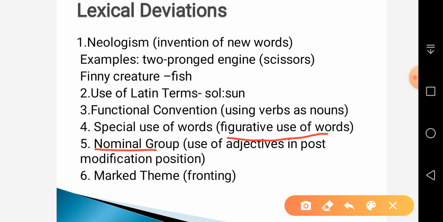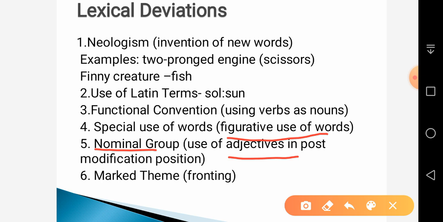Nominal group: the adjectives are placed in pre-modification position in the usual order, like we say a beautiful book or a very informative book, but poets, dramatists, playwrights, novelists may invert, they may deviate from this usual word order, and they may say, let's say, fallen angel.